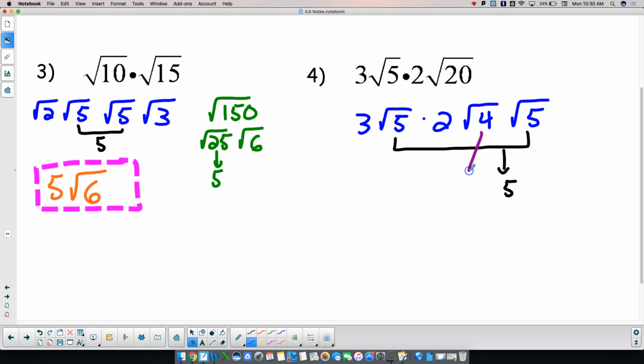This one gives me 2. This one is 2, so it stays 2. And this one is 3, so it stays 3. 3 times 2 is 6, times 2 is 12, times 5 is 60. So I get 60 here for an answer with no radical.